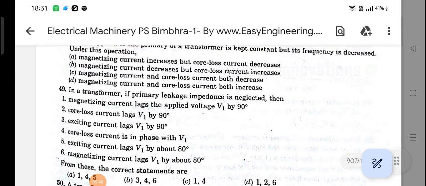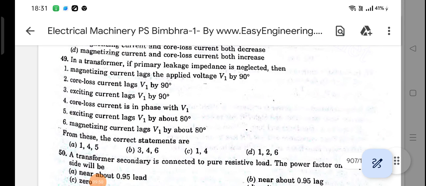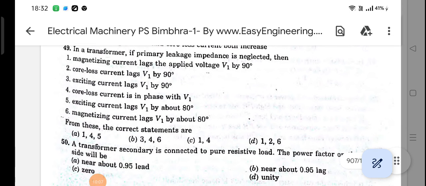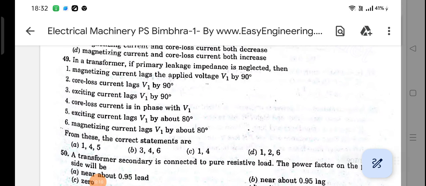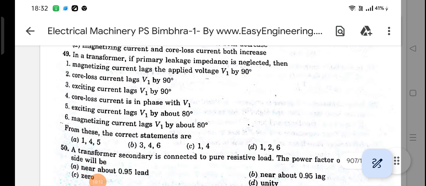Next, in a transformer, if primary leakage impedance is neglected, then magnetizing current lags the applied voltage V1 by 90 degrees. That means Im lags the applied voltage by 90 degrees, which is correct from the no-load phasor diagram. Next, core loss current lags V1 by 90 degrees, that is not correct.